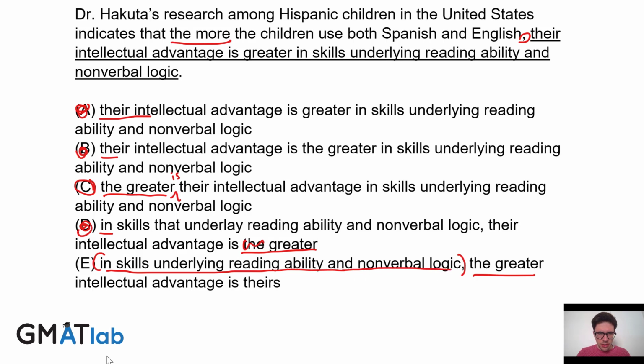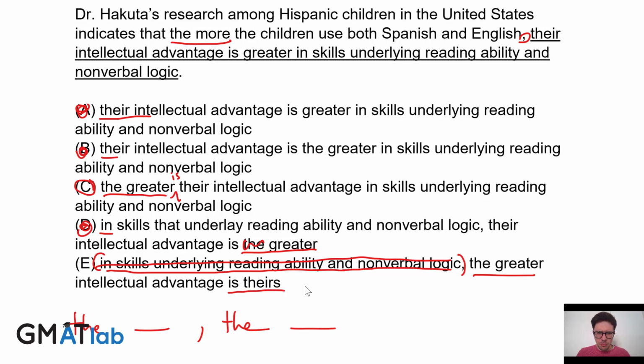We want to have the structure we talked about earlier. So it's the something, comma, the something. And so we want to have these two comparative adjectives closely following one another. So the more something something, comma, the something something. So this structure isn't going to work because of that intervening prepositional phrase, and it's also not really very GMAT style language to say the greater intellectual advantage is theirs.